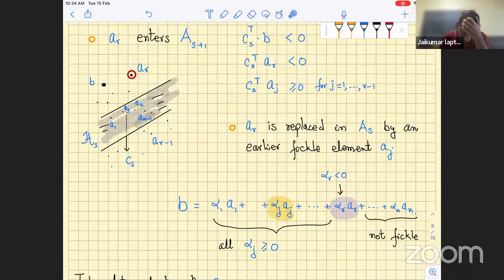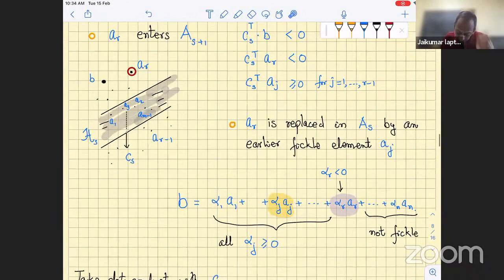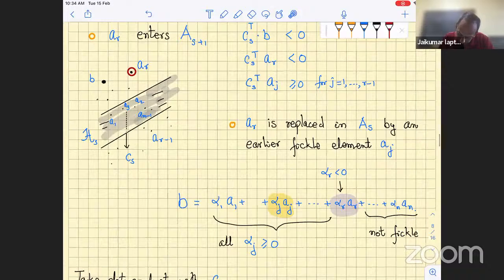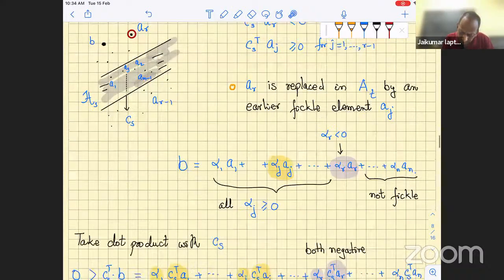Sorry, I made a mistake again. So there was a moment when there was a basis, and at that moment, A_R was forced to leave the basis. Now let us ask, why would it have left the basis?